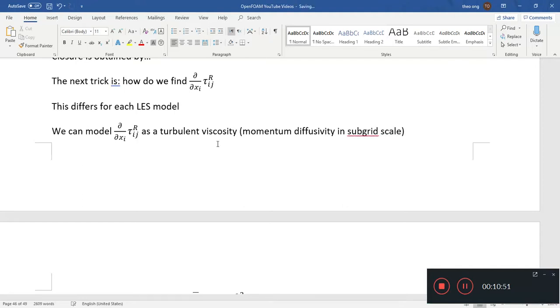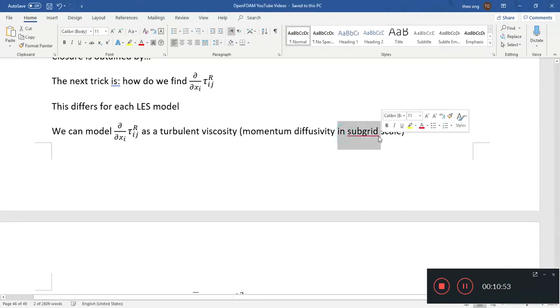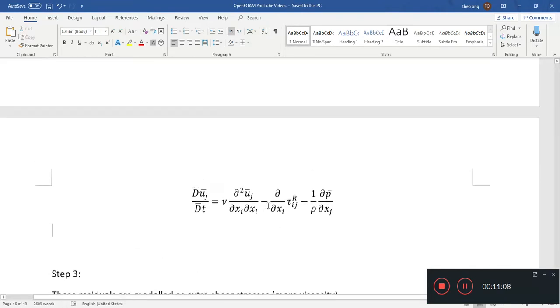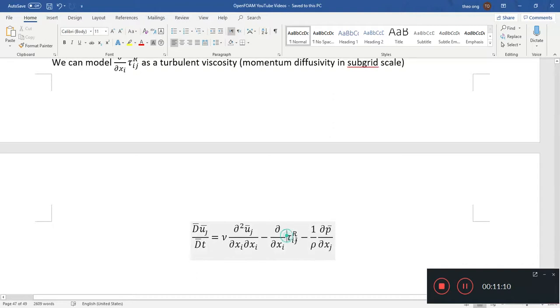So remember, when we use this term called subgrid scale, you'll see it a lot in literature. Subgrid scale means anything that's smaller than that delta, the characteristic length scale which you picked. It will differ from model to model, of course. So we can turn this into something pretty simple.